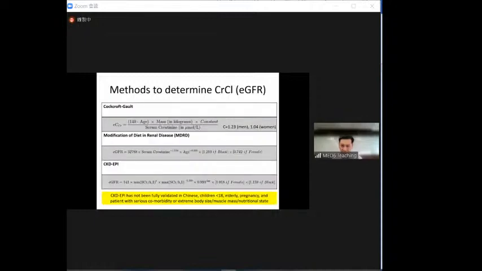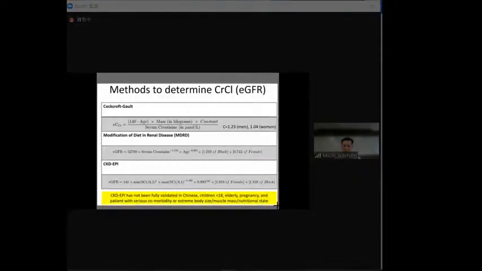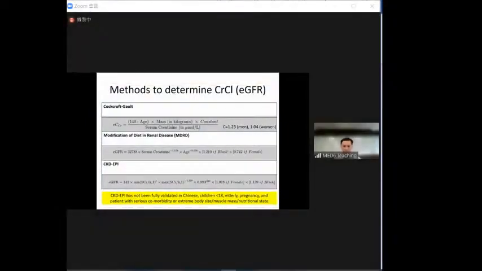So how do we estimate the renal function? Serum creatinine and urea are not a good estimation, all right? Because of the change in body mass.